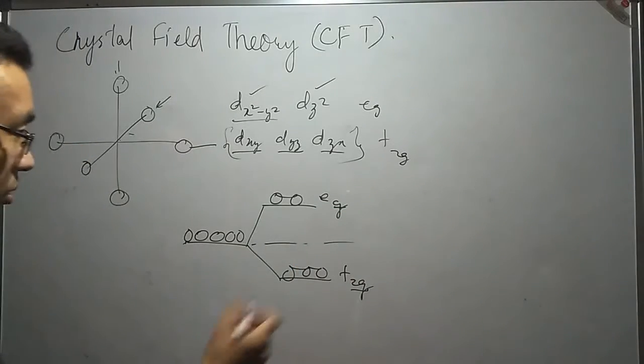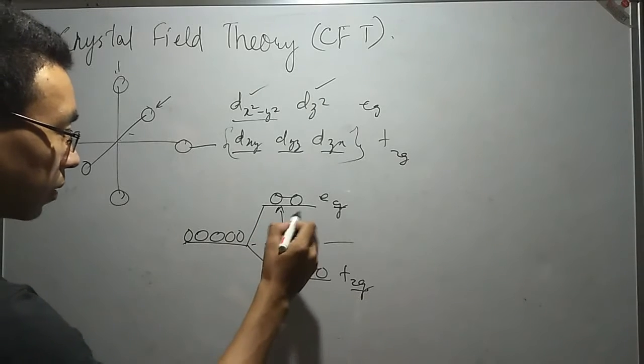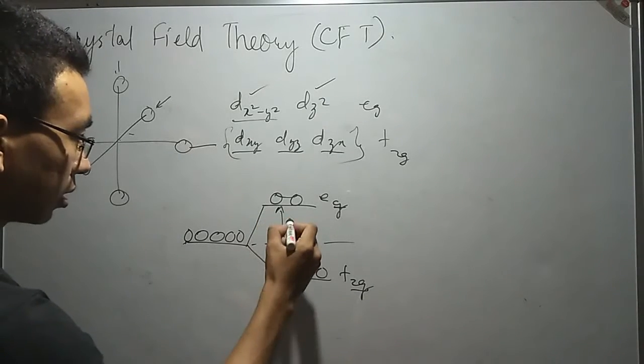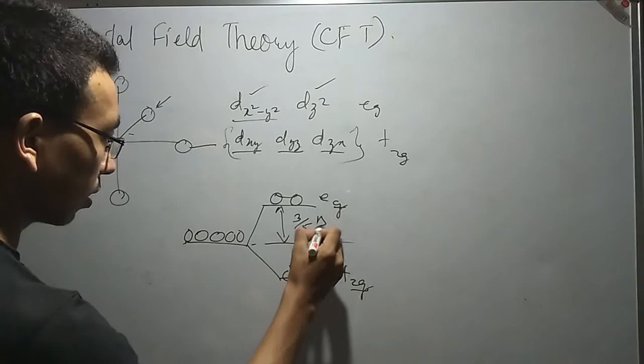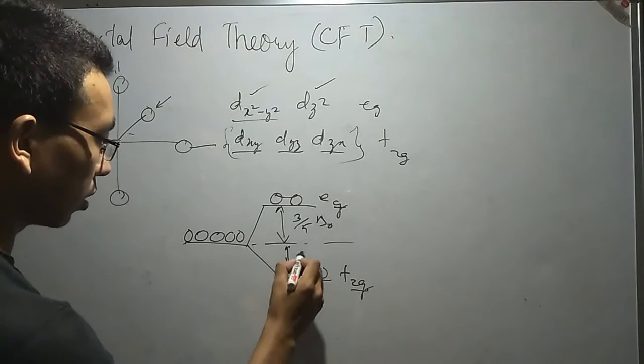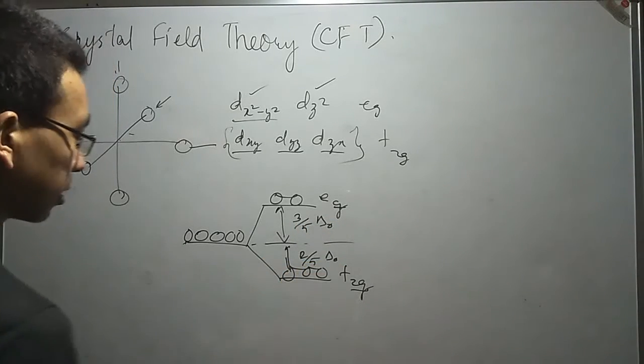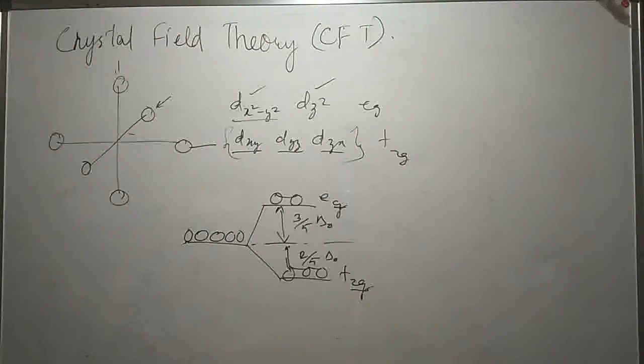The energy of the Eg set will be 3 by 5 delta 0, and the T2g set will be 2 by 5 delta 0. This is how the energy of the d orbital is split for an octahedral complex.